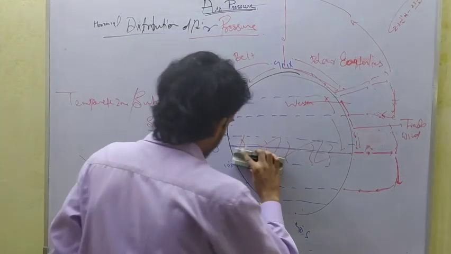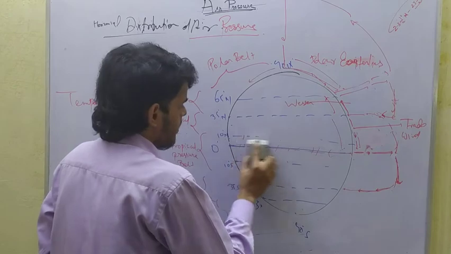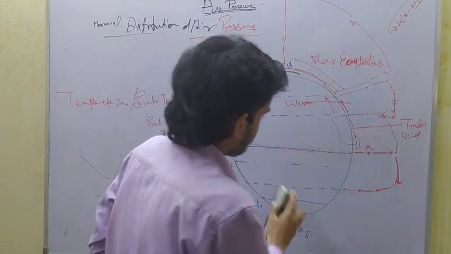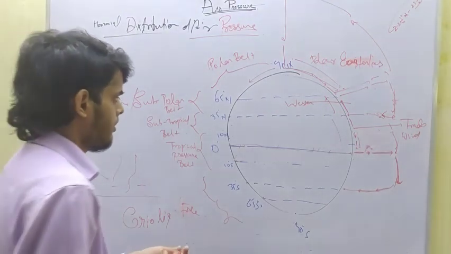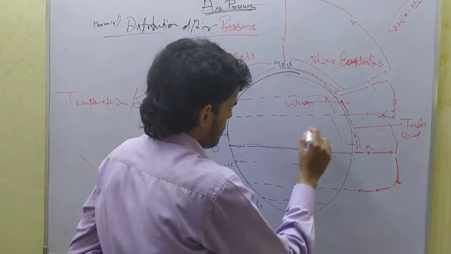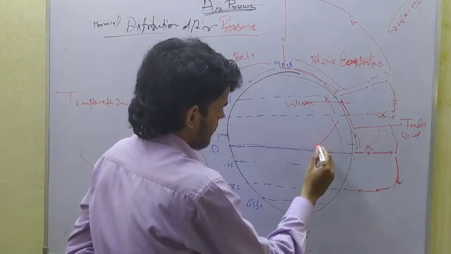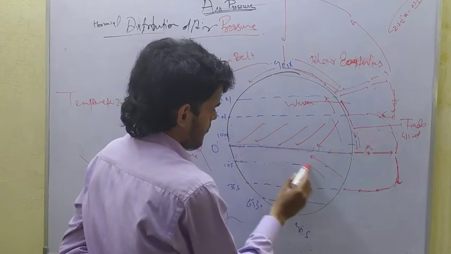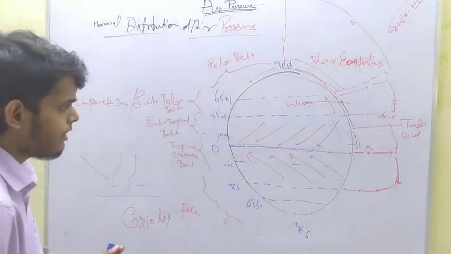I am giving a brief of these winds because I have to discuss them later in the later classes. The movement of wind will be like that. These will be trade winds.